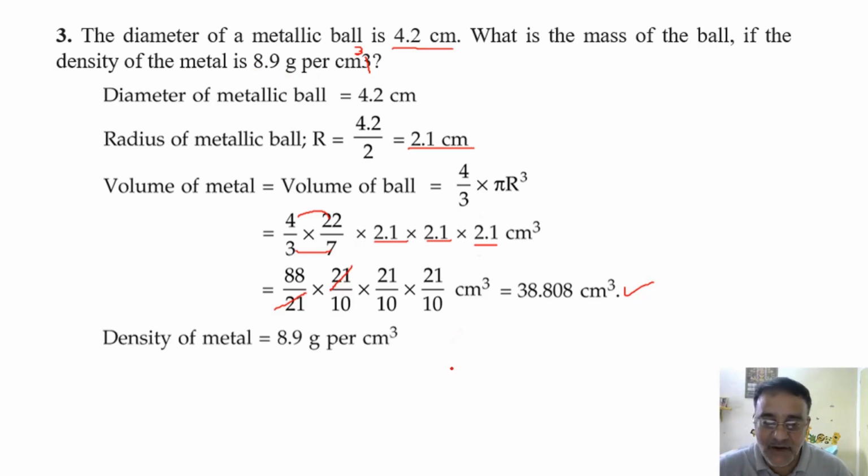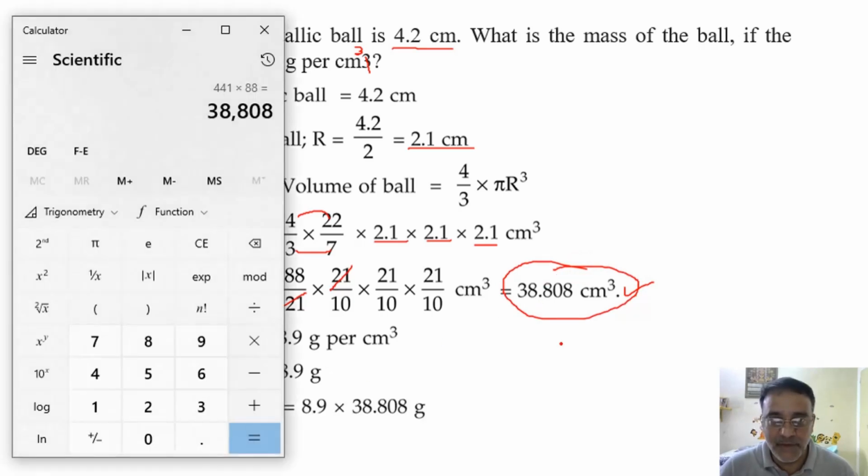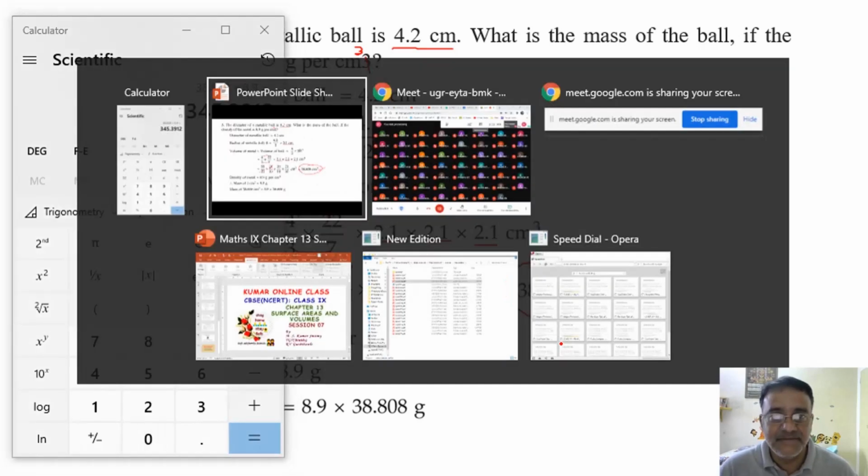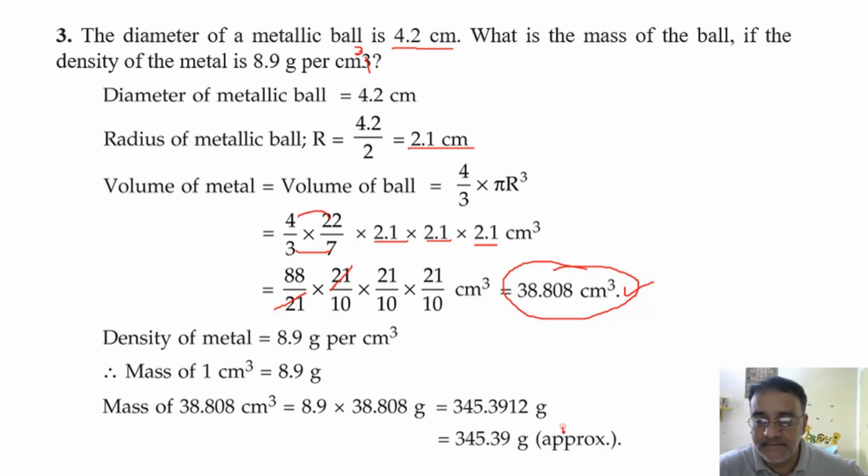So the mass of 1 centimeter cube is 8.9 gram. So what will be the mass of this volume? Multiply. If you multiply, you will get 345.3912. Approximately the answer is 345.39 gram. Any doubt? No, sir.